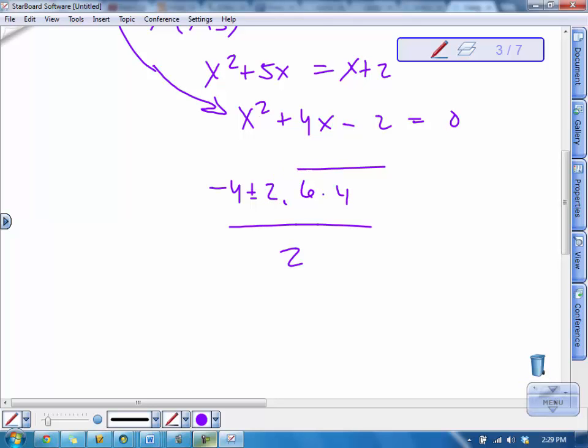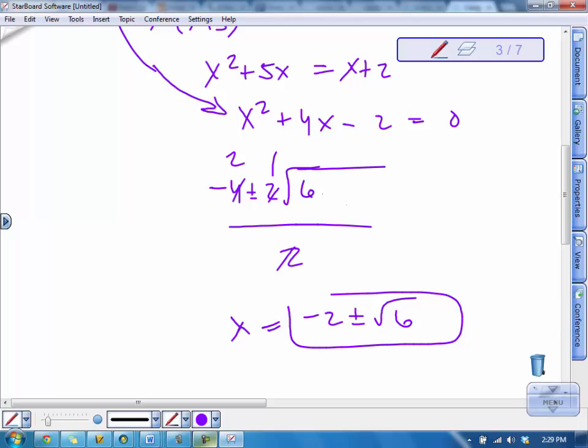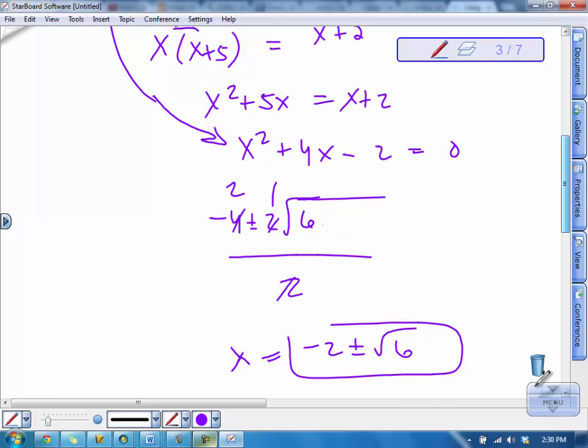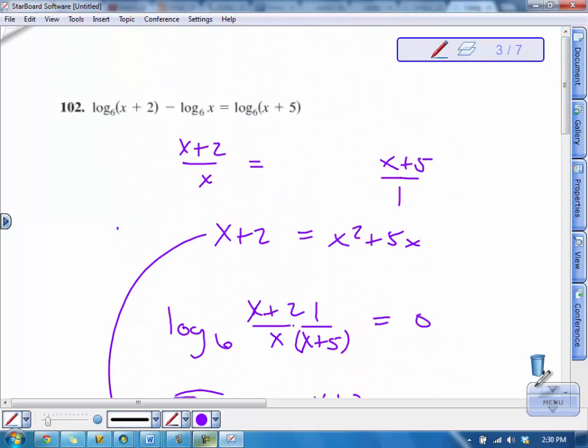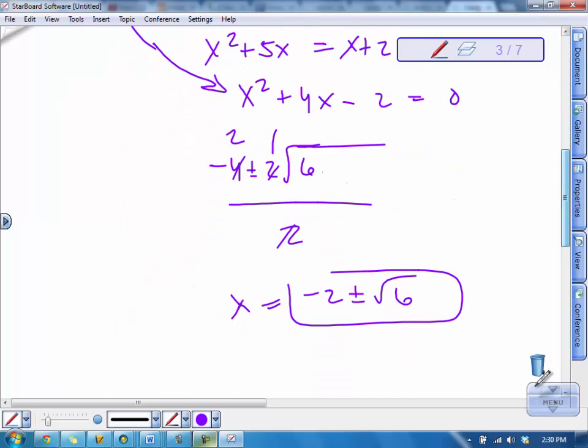Pull that out. And then the 2 goes into 2 one time, goes into 4 twice, so I end up with negative 2 plus or minus the square root of 6 as my two answers for x. Okay, I should check those and make sure they're both working now, and one of them not extraneous. I'll let you guys plug that decimal into your calculator if you want to check this equation. But this would be the two answers.